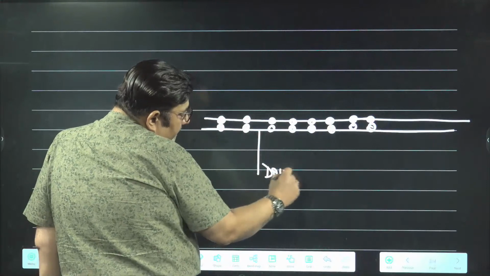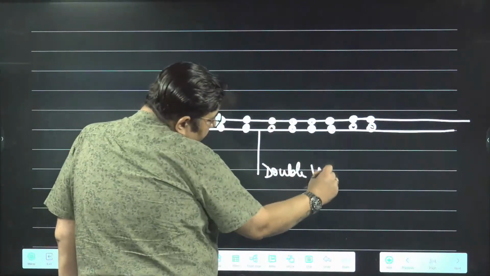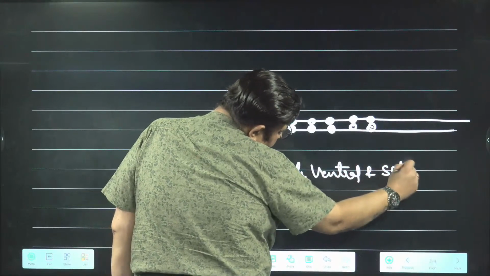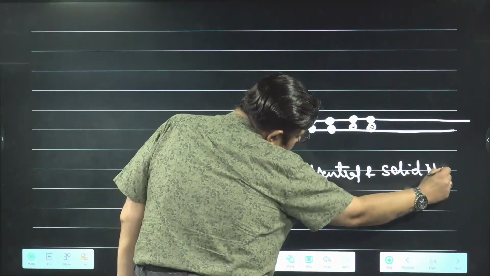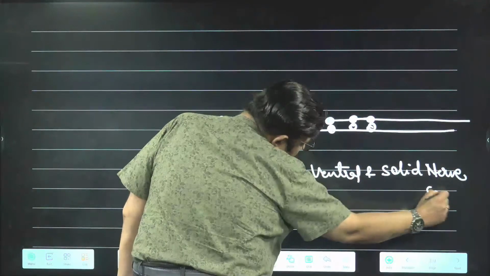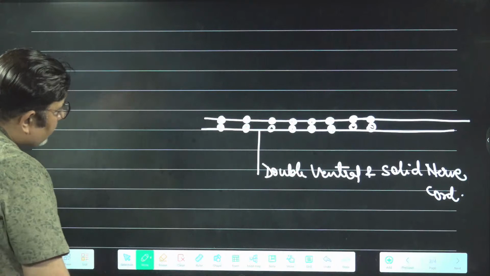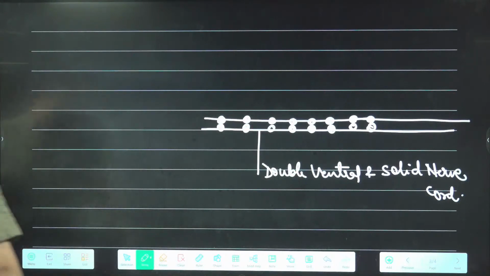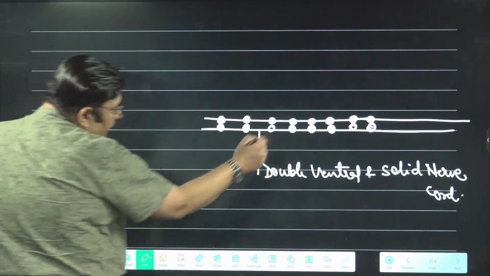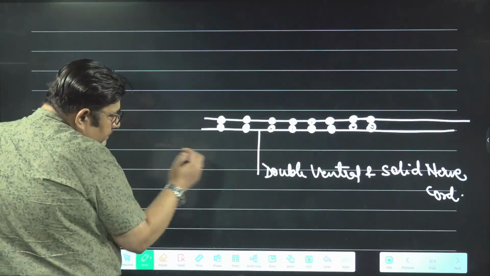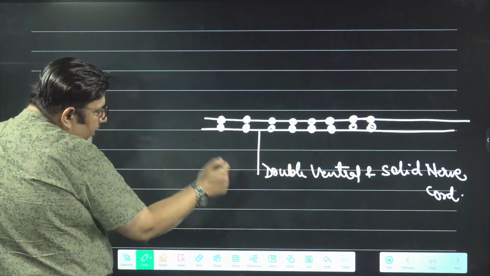The double ventral and solid nerve cord is connecting the paired ganglia. This is how the nerve cord is formed.